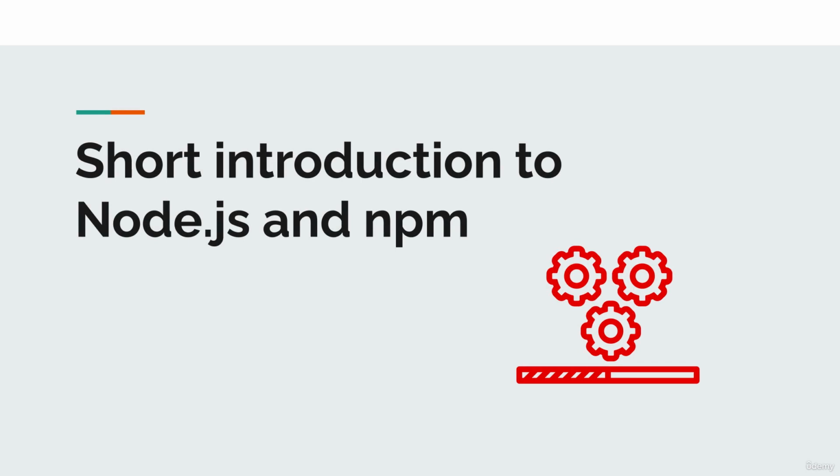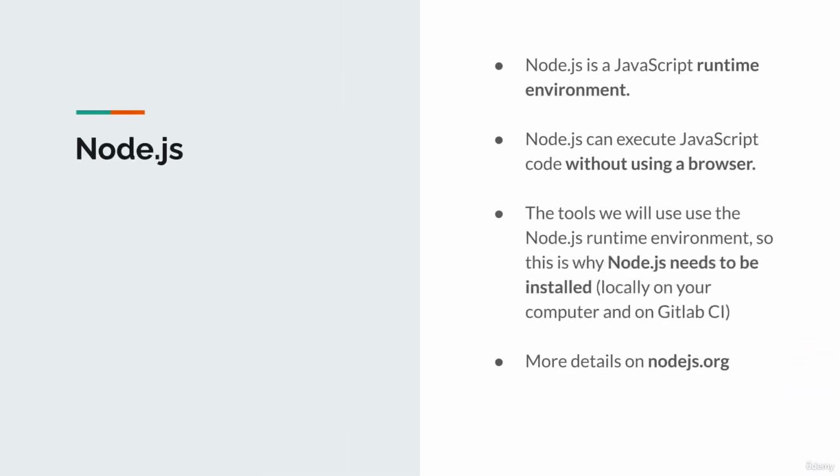In the next lectures, we'll be using Node.js and NPM in order to build a simple static website. And in this lecture, I wanted to give you a short introduction to Node.js and NPM in case you're not familiar with these tools. Node.js is a JavaScript runtime environment that can execute JavaScript without actually opening a browser.